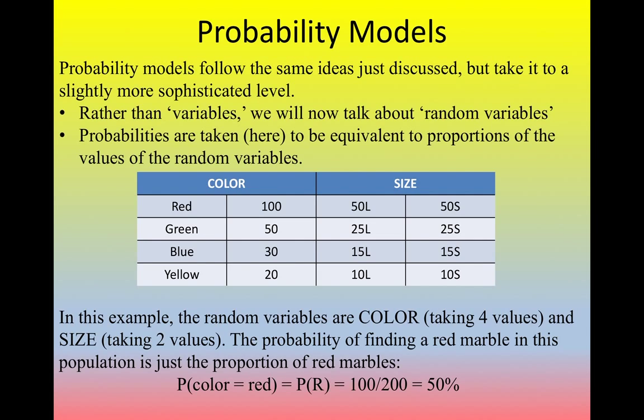Okay, now we're going to talk about probability models. These give us a more sophisticated way to talk about probabilities, especially a way to talk about probabilities of generalized events. For probability models, instead of the term variables, we will use random variables. Probabilities are taken to be equivalent to proportions of the values of the random variables.